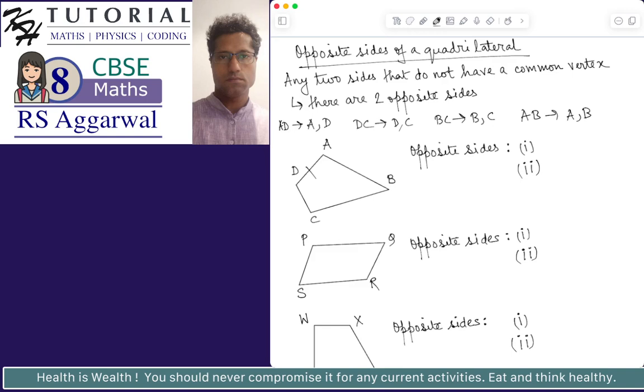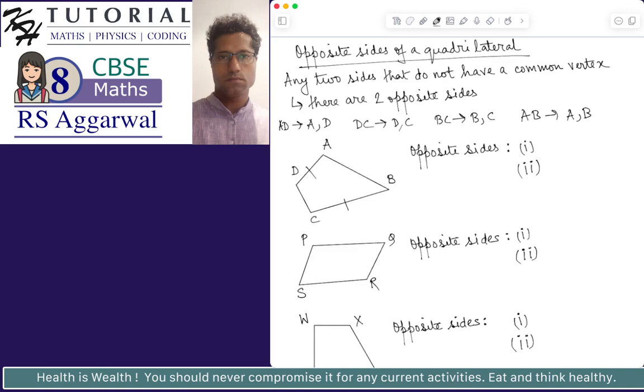Any side that do not have a common endpoints with the AD, the endpoints of AD is A and D. You have to consider any other side which do not have either A and D as its endpoint, and that side is only BC. That side is only BC because BC has endpoints B and C which are completely different from the endpoints A and D. So the opposite side of AD is BC, and obviously the remaining other two sides, that is AB and DC, are also opposite sides.